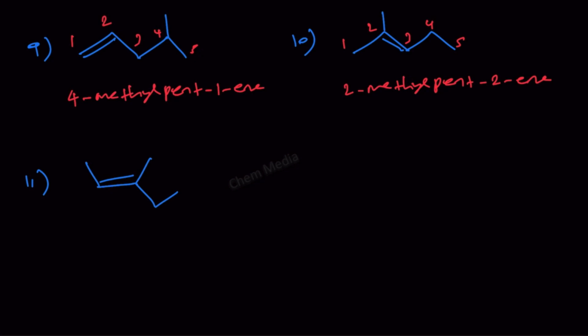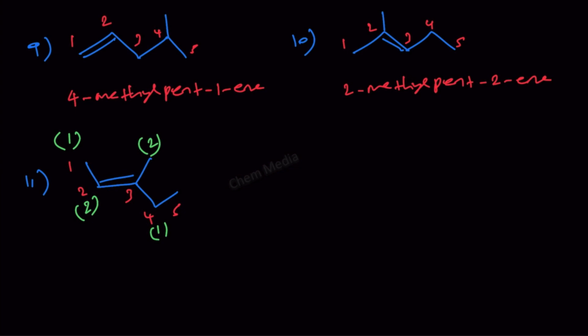So this is 2E, the same way we assign using the Cahn-Ingold-Prelog rules. Higher priorities are on the opposite side, isn't it? This is higher priority, here this is low priority, this is low priority, and this is higher priority. Higher priorities are on the opposite side, and therefore this is the E isomer.